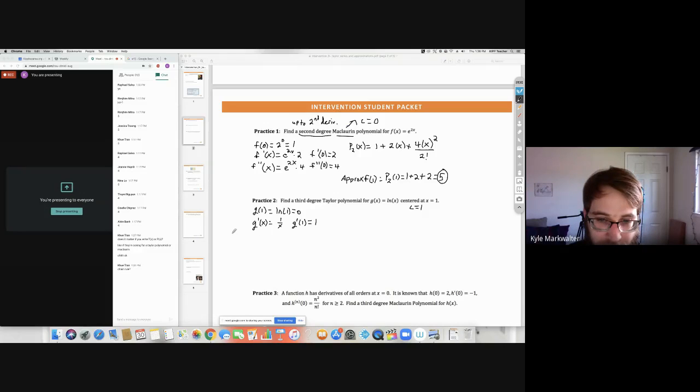But we got to keep taking derivatives. 1 over x is the same thing as x to the negative 1. Let's keep that in mind.